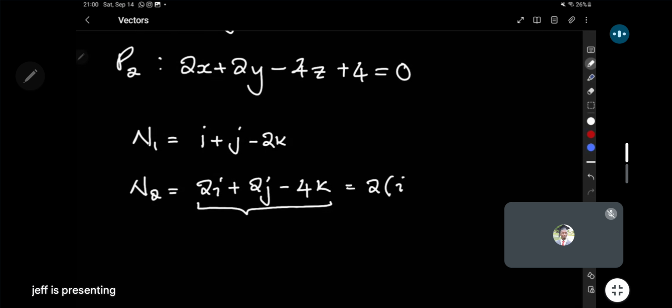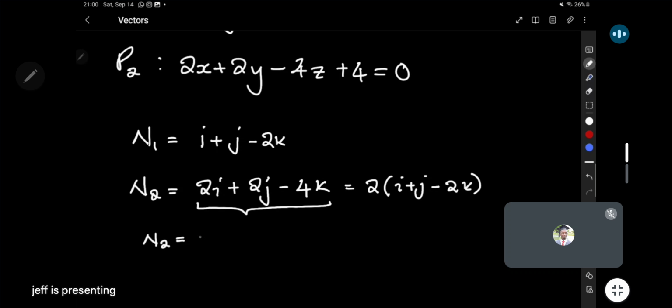This would have been i plus j, then minus 2k. Notice that in this case, normal 2 would have actually been equal to 2 multiplying normal 1. This would have been possible. But the way it is currently, we see that the two are different.